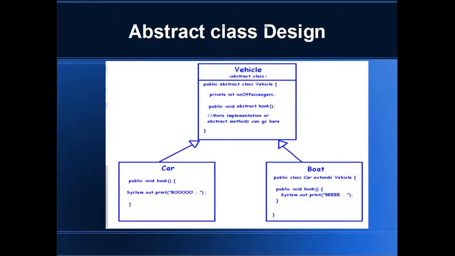In the subclasses such as car and boat, as you can see over here, you're going to implement the function logic in the car or the boat. And when you declare an abstract class, you have to put public abstract class Vehicle, or whatever you're naming that class.